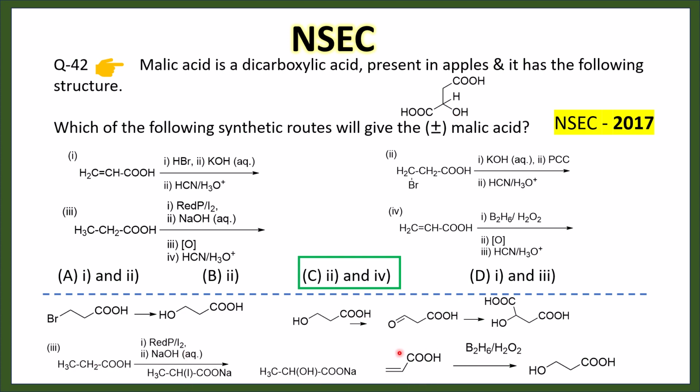Let's check the fourth one. Here acrylic acid undergoes B2H6 addition and oxidation, further gives this alcohol. As this alcohol forms, oxidation again follows the same path, and HCN addition gives this product. So that means 2 and 4 are the right pathways.